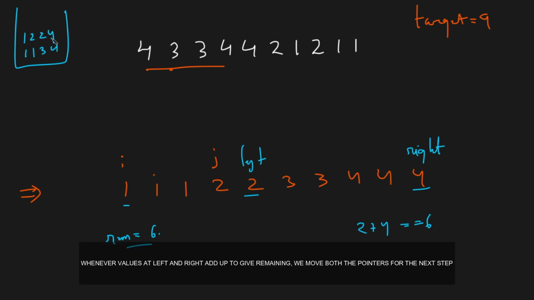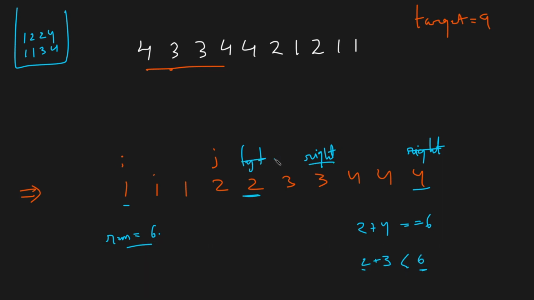At the next step, we need to avoid duplicates. So let's move our left pointer by one step. Our left pointer now reaches over here. Now we see that this left plus this right will give you your remaining 6. So we got one more quad, that is 1, 2, 3, 3.